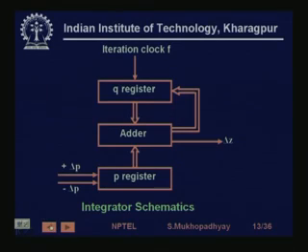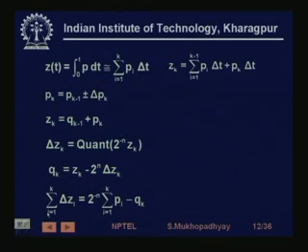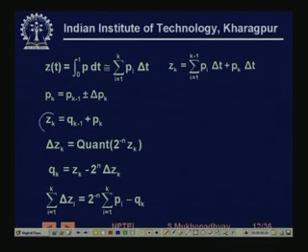So what we are doing is, every time, to get zk, we add pk to the earlier value of the Q register, and then we quantize by 2 to the power minus n into zk.